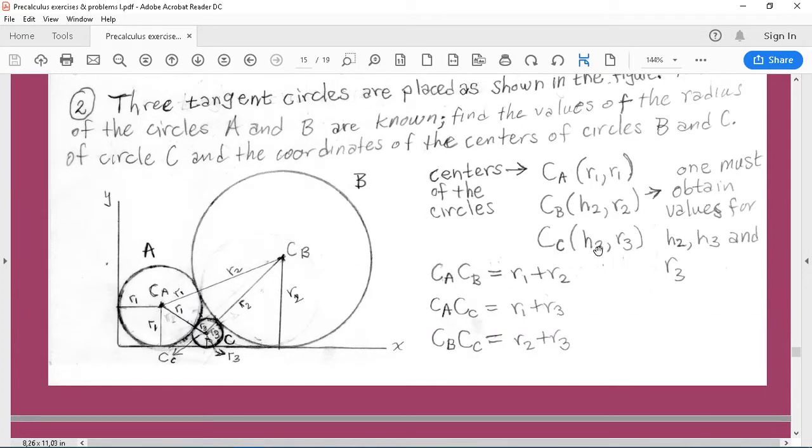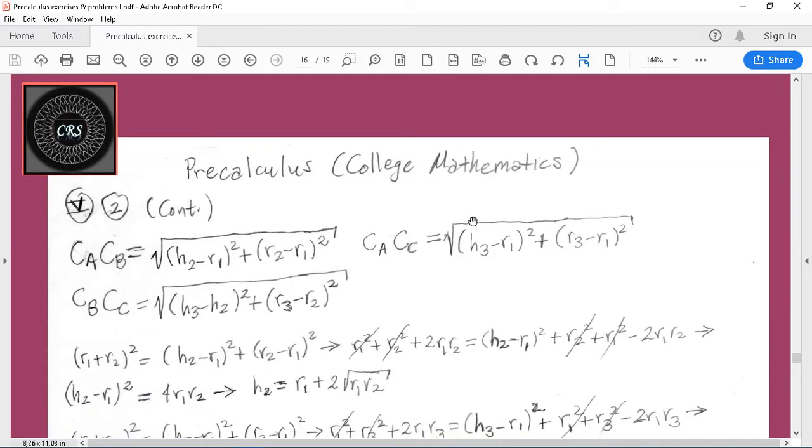CACC equals the square root of the square of H3 minus R1 plus the square of R3 minus R1.